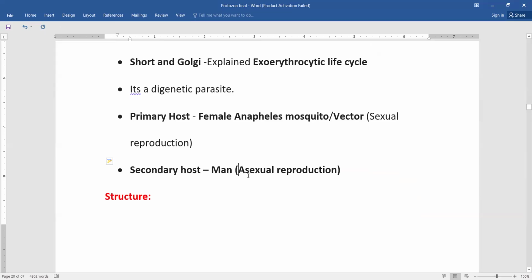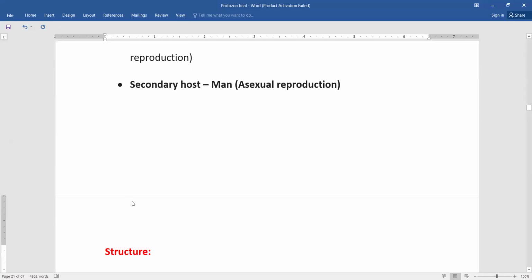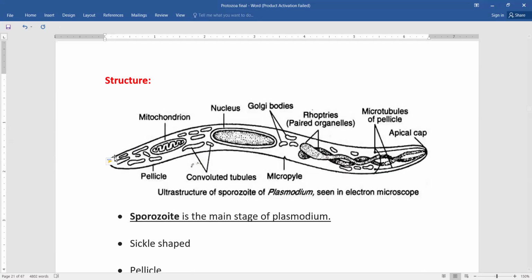Human being lo asexual reproduction jarugutundi. You should remember. So the structure we have seen already. This is the sporozoite, the famous sporozoite of Plasmodium. You can see this is the apical cup having these rhabdoids or paired organelles which produce the secretory penetratory material.